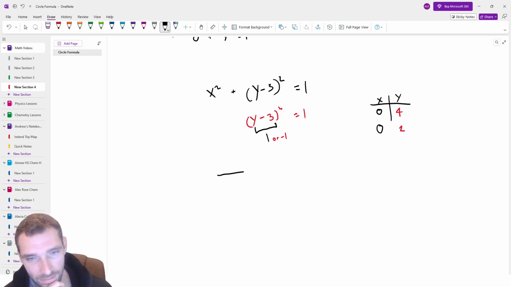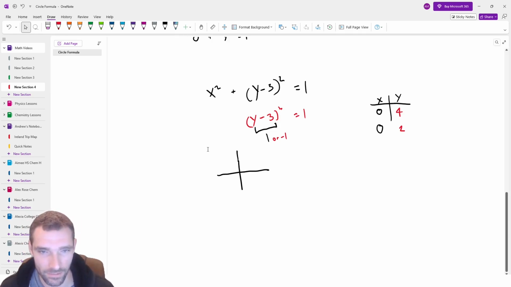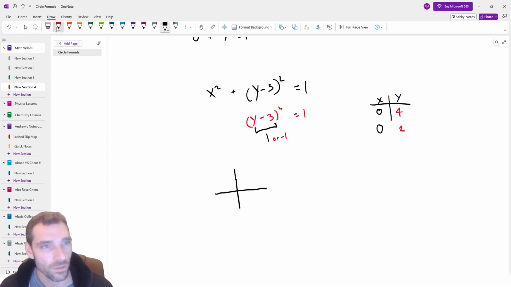If we're thinking about this in terms of the graph, there's an x of 0, and we're saying that there's two different values here that solve for the expression when you have a y of 2 and 4. Put the 3 in here and the 1 in there as well. So that's two different points for our data working for solving this expression.